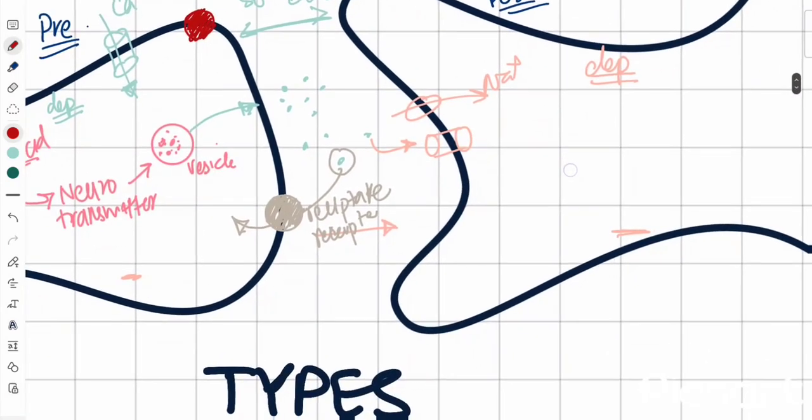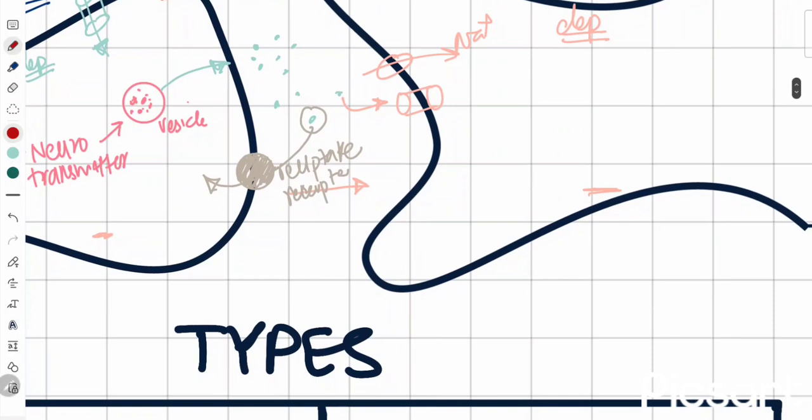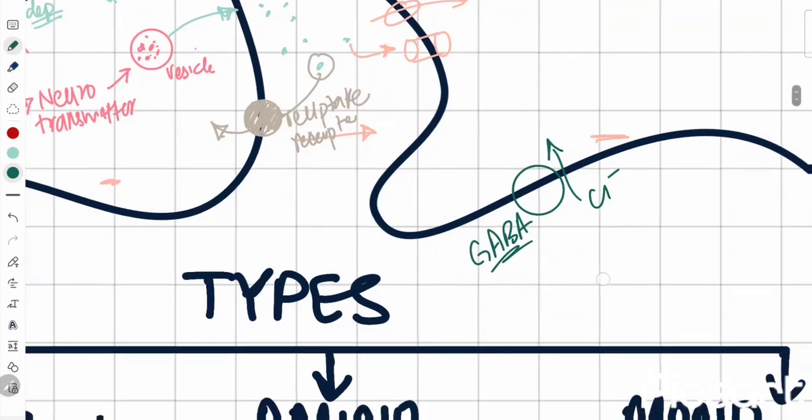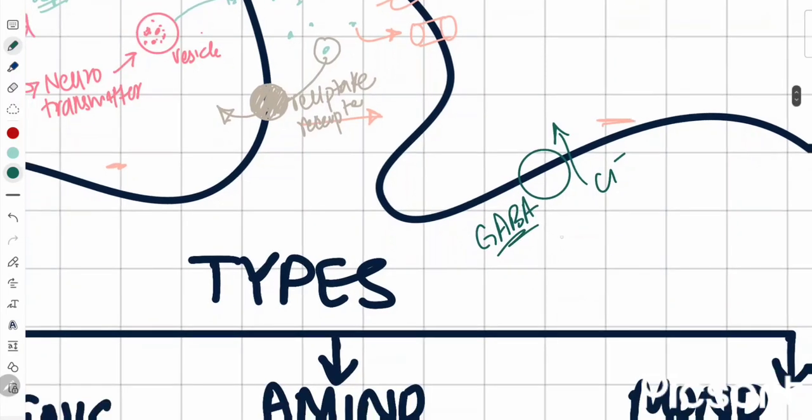Okay, one more thing. On the postsynaptic neuron, there is another receptor right here, which is basically a chloride channel receptor. It's called a GABA receptor. We're going to talk about that. This is an inhibitory receptor.